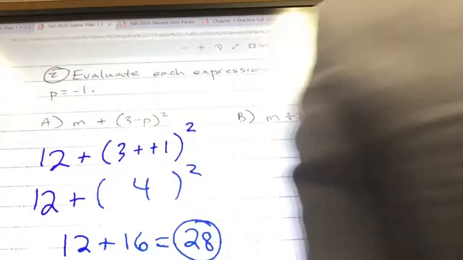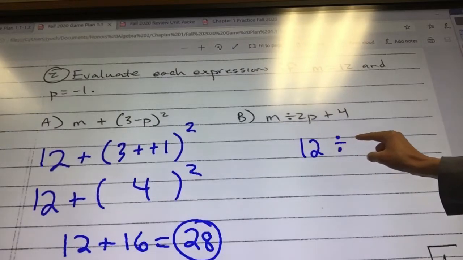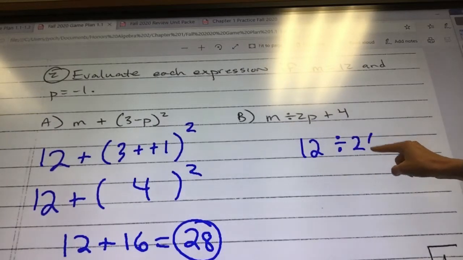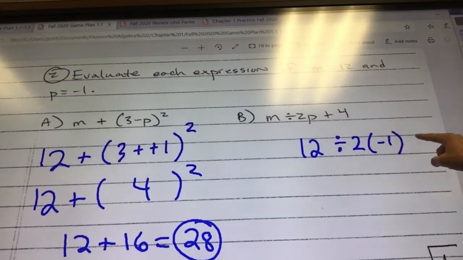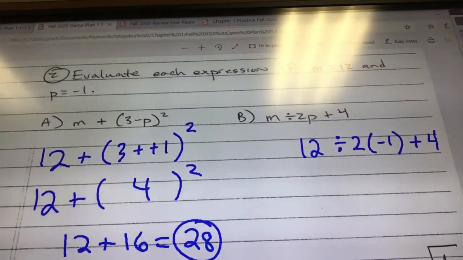All right. M divided by 2 times P plus 4. Whoa. Here's where we're gonna see the issues on Facebook.